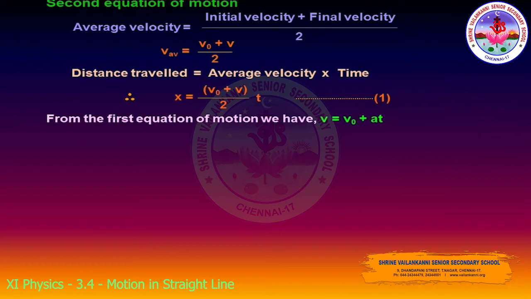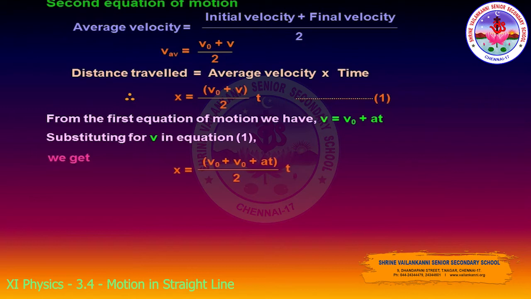From the first equation of motion we derived before, v is equal to v naught plus at. Substituting this v value in equation 1, we get x equal to v naught plus v naught plus at by 2 into t, that is, 2 v naught plus at by 2 into t.